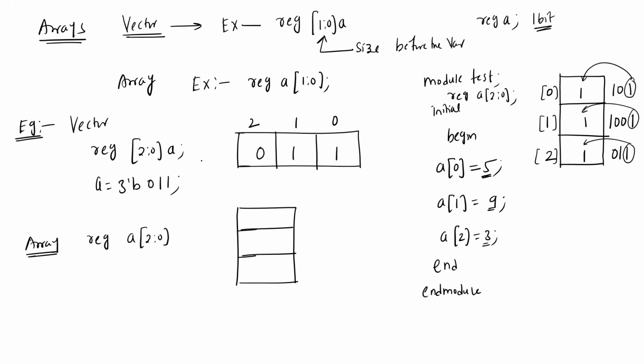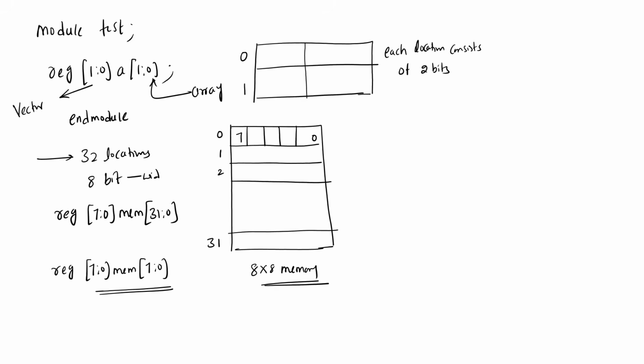It will be converted into binary and the LSB will be stored. If we access A of 0 again, we won't be able to get that decimal 5. That value will be overridden.